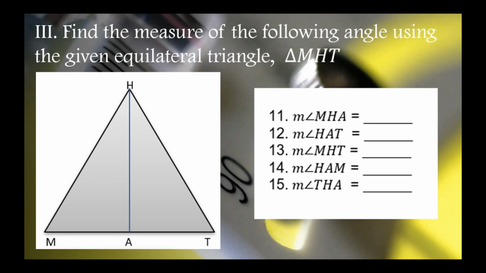Number 13, what is the measure of angle MHT? Number 14, what is the measure of angle HAM? And finally, number 15, what is the measure of angle THA? Just look at the figure. That is an equilateral triangle and you can easily find the measure of the following. Your answer will be in degrees because that is an angle.